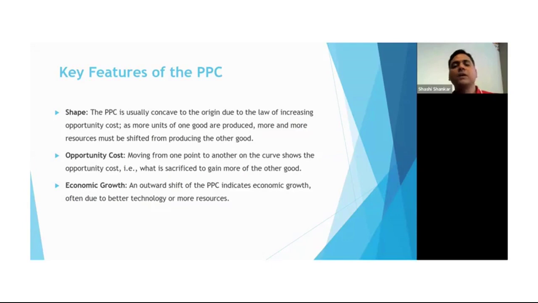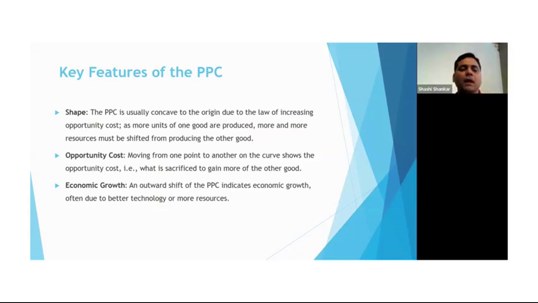Increasing opportunity cost, in the sense, if you're talking about opportunity cost, it is nothing but the opportunity lost. So opportunity cost is equal to opportunity lost, and here the law of increasing opportunity cost has an impact on the concavity to the origin.